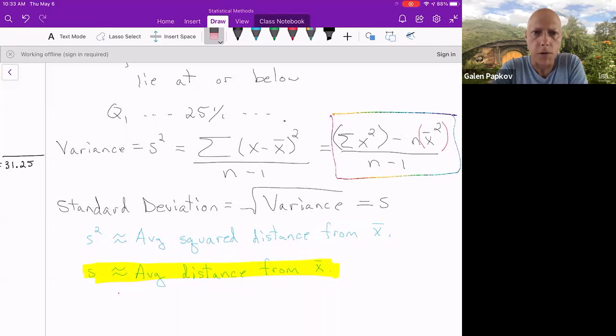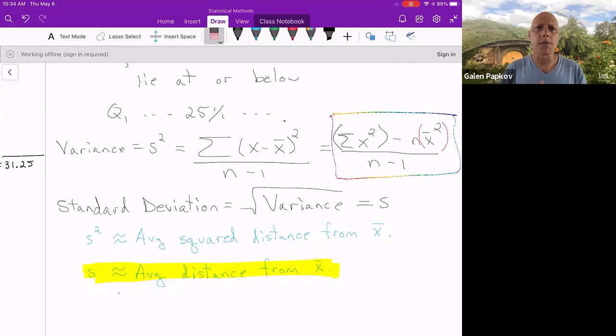The last concept is the standard deviation, and that is simply just the square root of the variance, because the variance could be a large number. And when you square root a number, it becomes smaller, or almost always becomes smaller. And standard deviation is going to be s. So just like variance was s squared, when you square root a square, you just get the unsquared version.